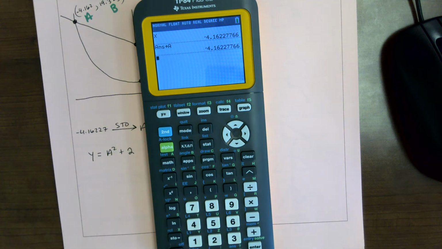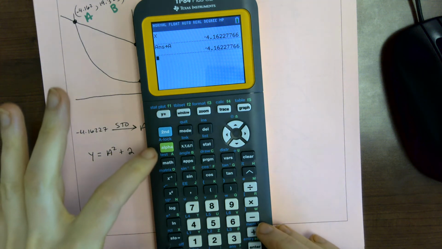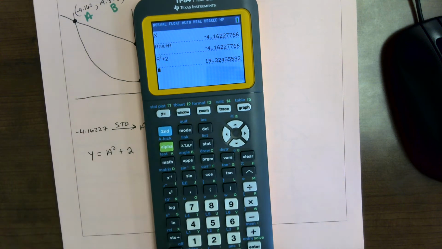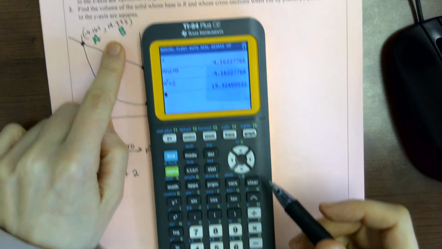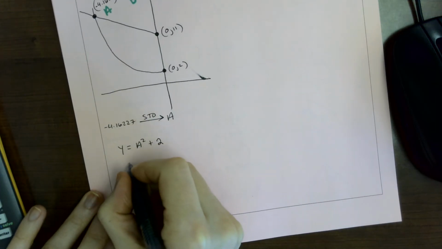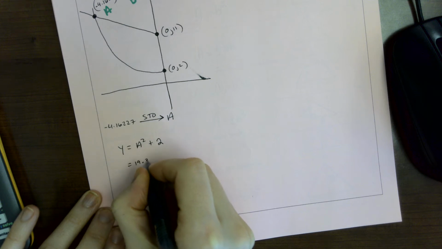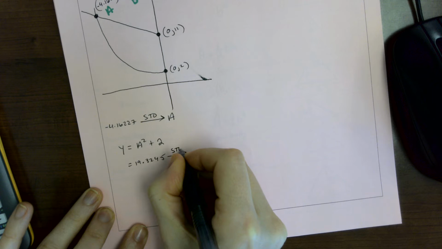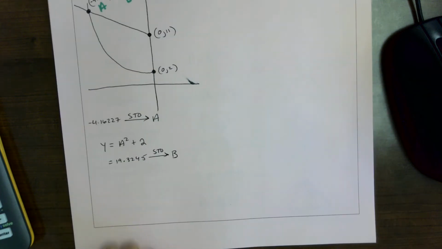All right, so now that it's stored as A, I'll just go a squared plus 2. Yeah, and you wrote those down so you could verify. There it is. Okay, so this is 19.3245. That's stored as B.